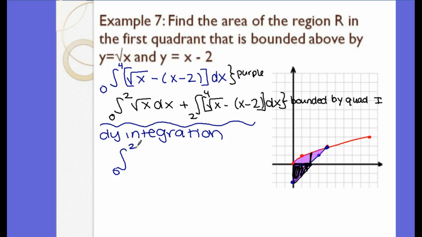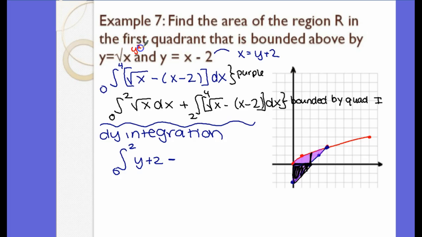The right one would be the linear aspect. So what you have to do is rearrange this so that your equations are in terms of x equals, not y equals. So this would be x equals y plus 2. So it'd be y plus 2 minus, how do you get rid of a square root?